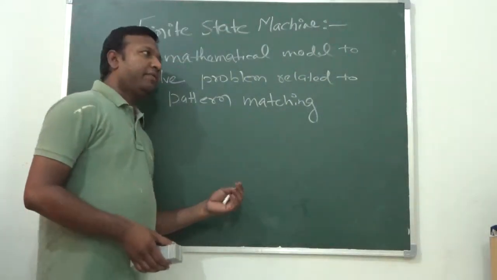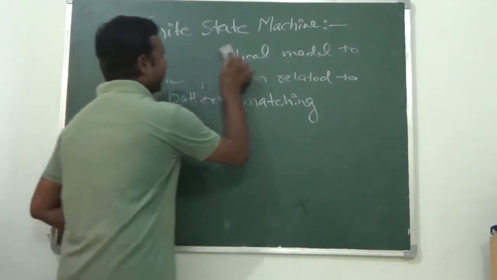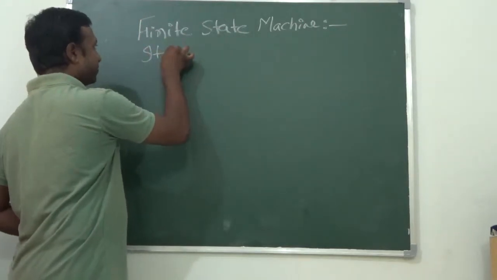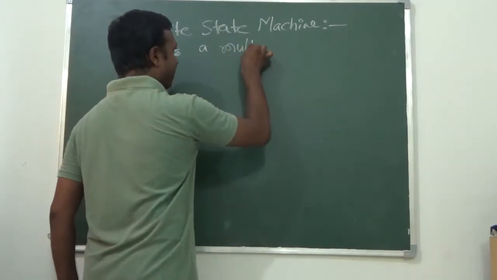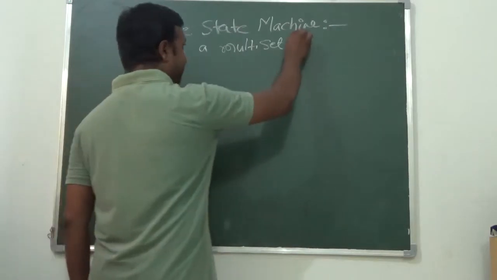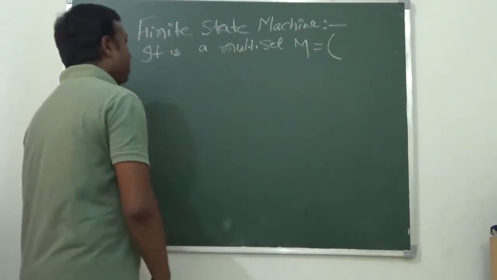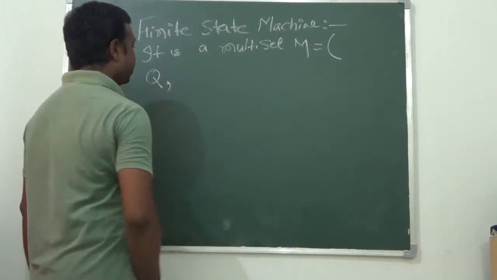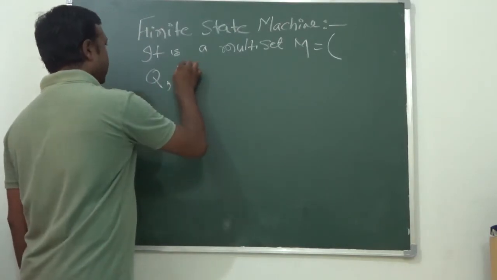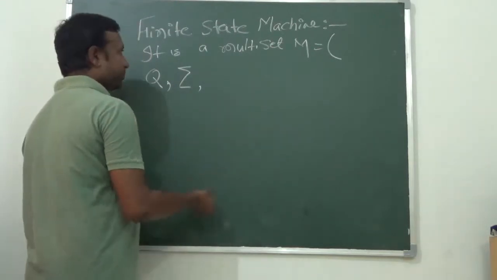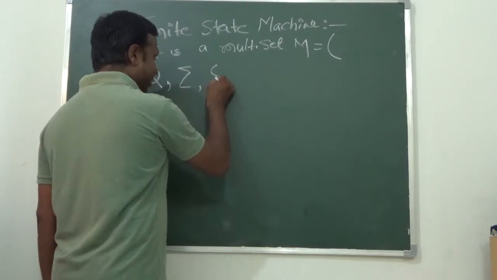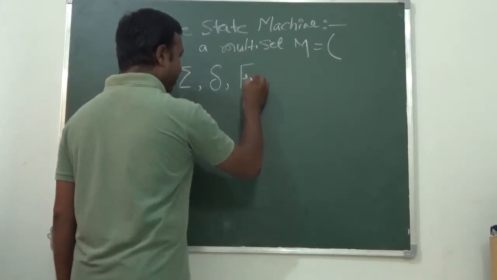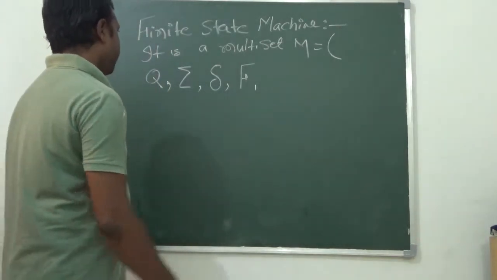Now, if we try to define FSM mathematically, then the mathematical definition of a finite state machine is a multi-set M which is containing something called Q. I will define Q later on, but M is Q, sigma, then del, then F, and one more thing is required, Q0.